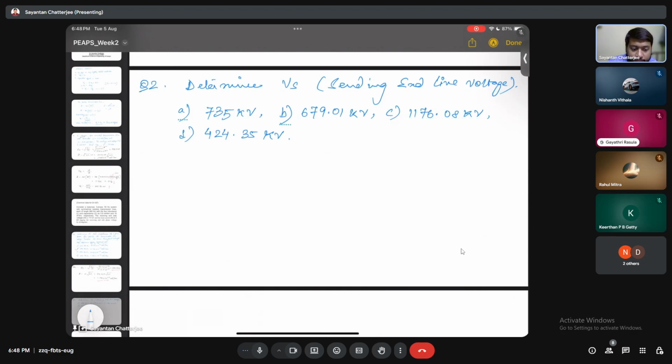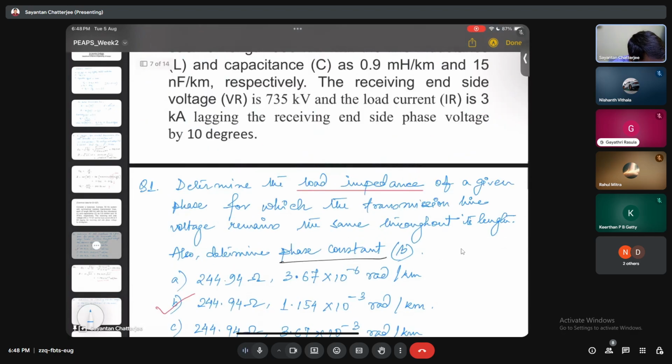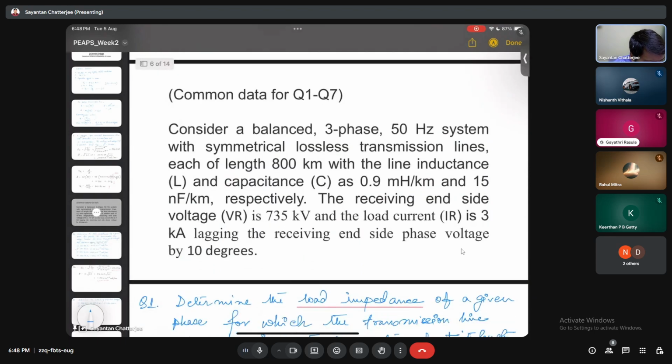I hope the values are with you. We have to find out the value of Vs. Vr is given, so just calculate. The load current IR is given as 3 kiloampere lagging, along with the receiving end phase voltage. So these are the values given, and we'll have to calculate the value of Vs.